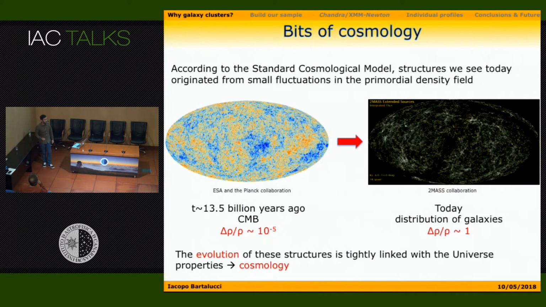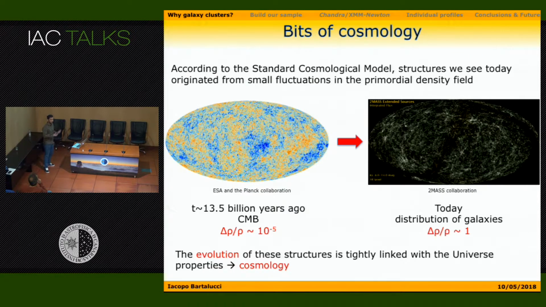Okay, so let's start with a brief recall of cosmology. We know that according to the cosmological model, the structures on large scales that we see today, which are traced by the distribution of galaxies that we see here in this infrared map, originated from the tiny fluctuations in the primordial density field that we see here in the CMB.